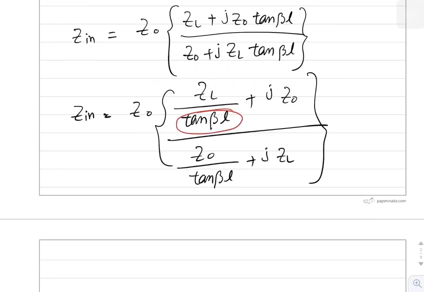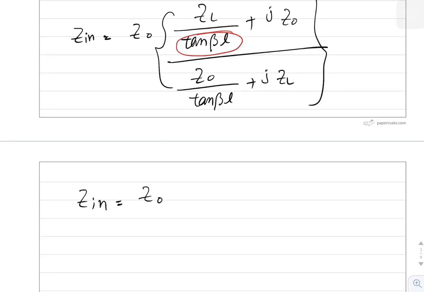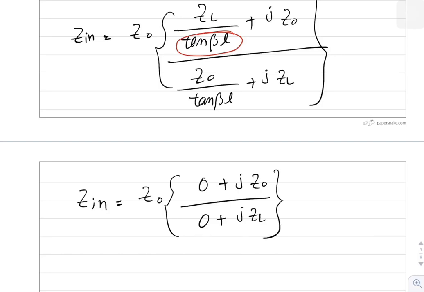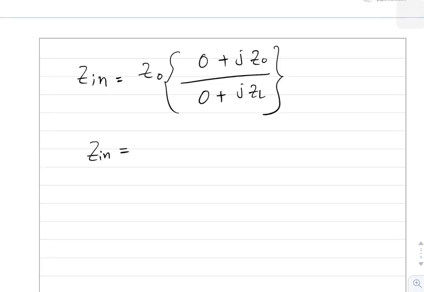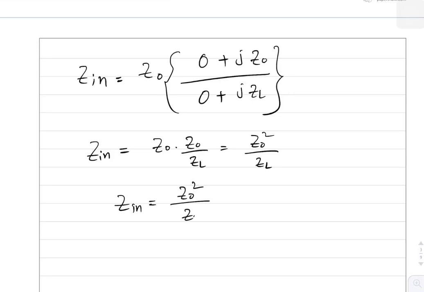Tan beta L equal to infinity, therefore ZL by infinity will give you 0. Zin equal to ZO times 0 plus J into ZO by 0 plus J into ZL. Input impedance equal to ZO into ZO by ZL, that is equal to ZO square by ZL. Therefore input impedance of the transmission line is equal to ZO square by ZL.